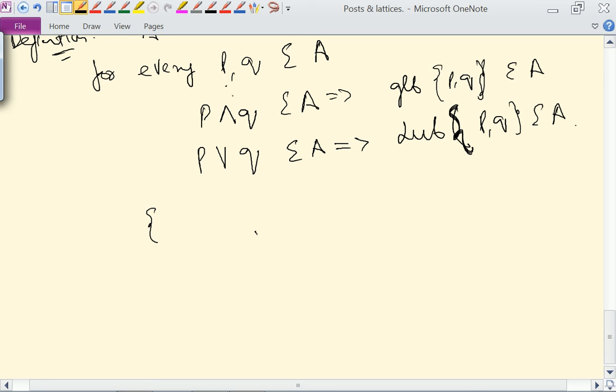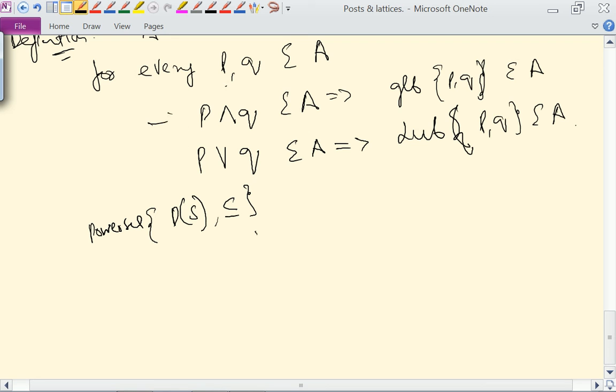So let us give an example to understand it. Consider a power set: P is the power set of a set S, with the relation subset or equal. This is a poset, we know, but is this a lattice or not?